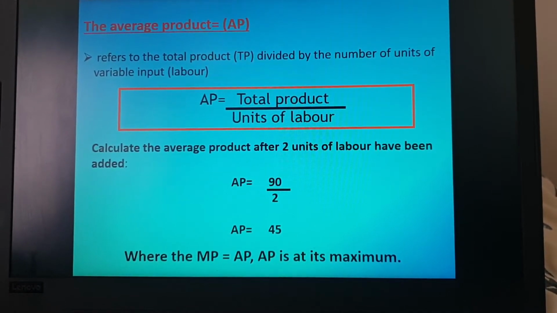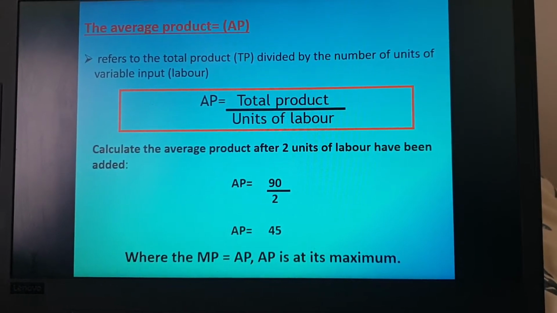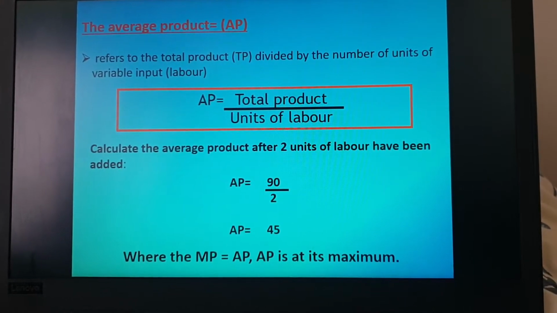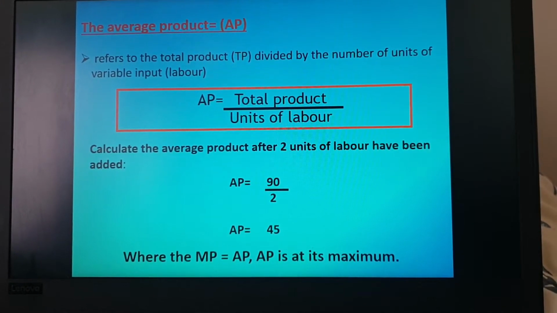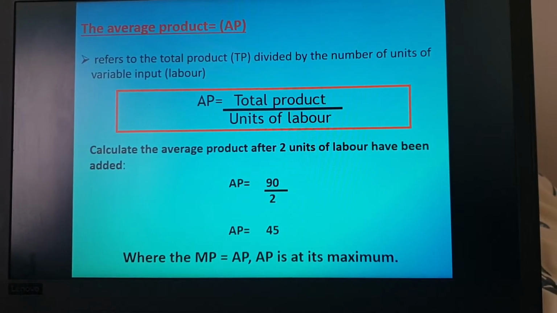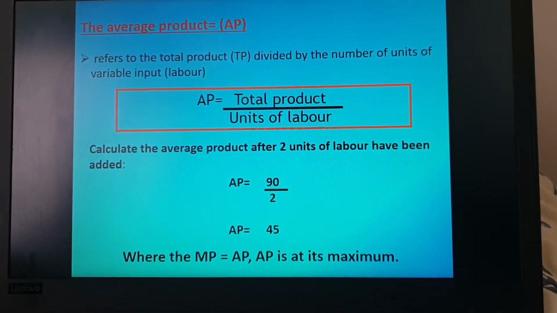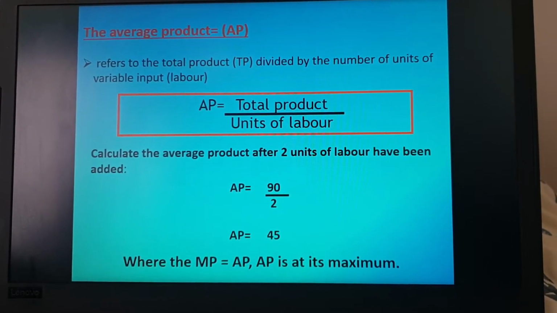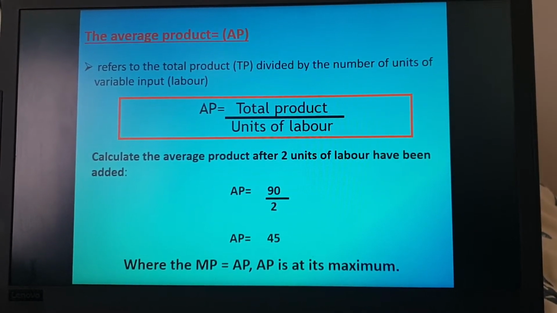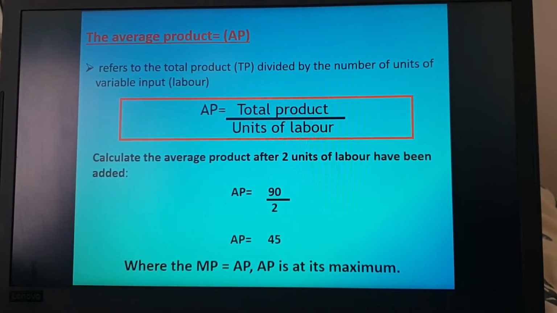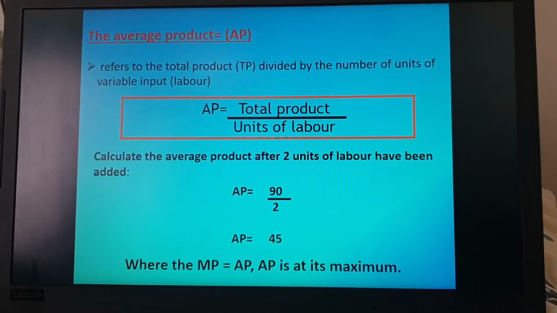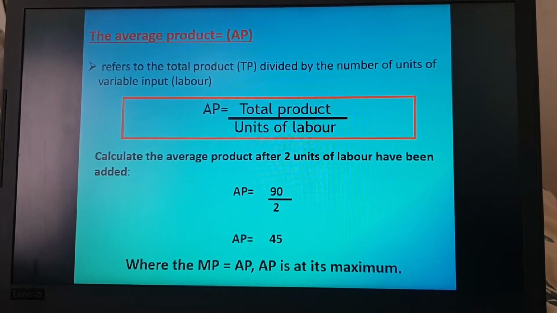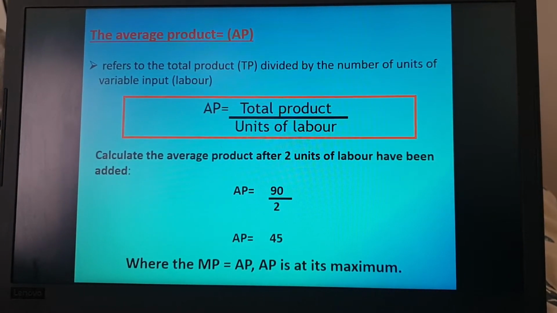So AP, average product, equals 90 divided by 2, that's the units of labor. So the average product will be 45. Where MP equals AP, AP will be at its maximum. What is MP? Marginal product. What is AP? Average product. So wherever they are equal to each other, AP will reach its maximum. In other words, it cannot increase any further.